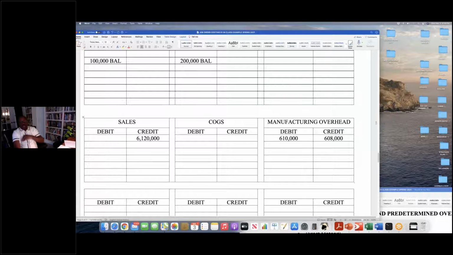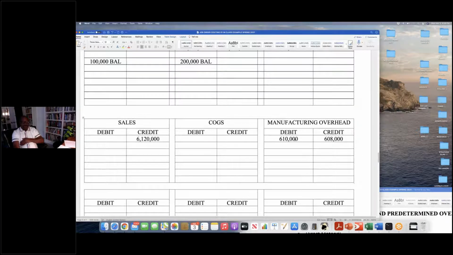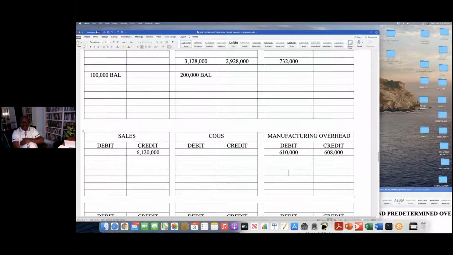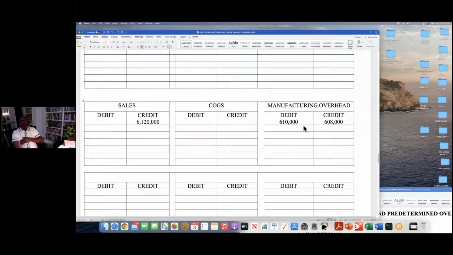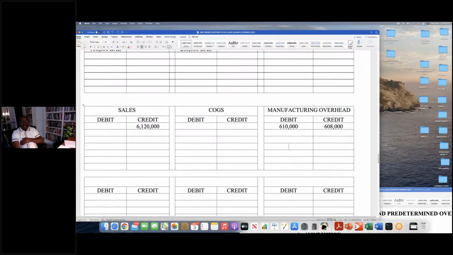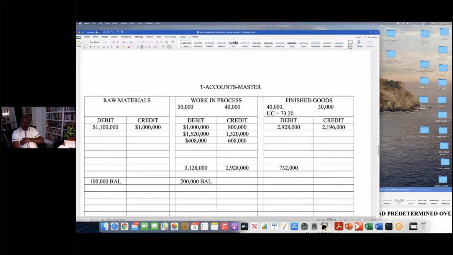So way back in stage one, we estimated the overhead to be 608. It actually comes out to be 610. So we underapplied our overhead, right? Yes, $2,000. So we needed $2,000 more cost.